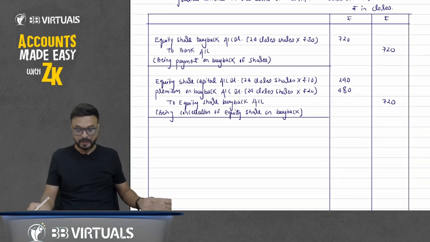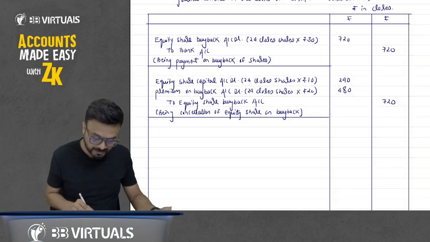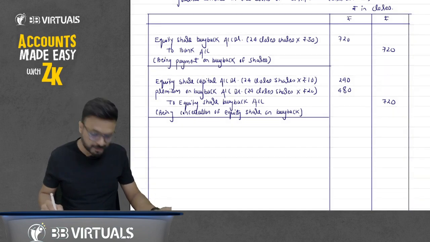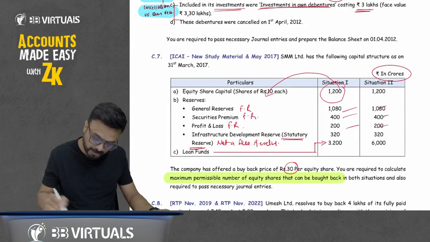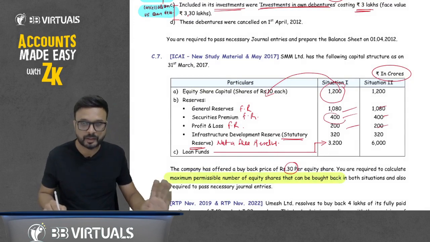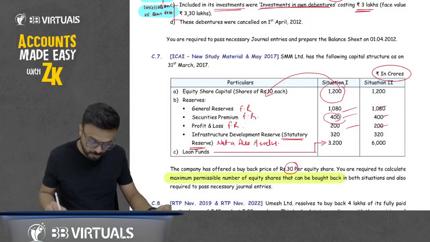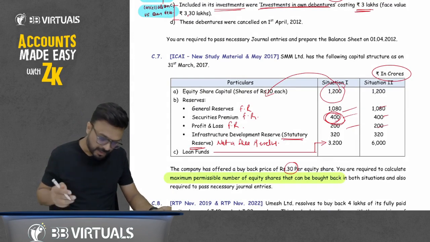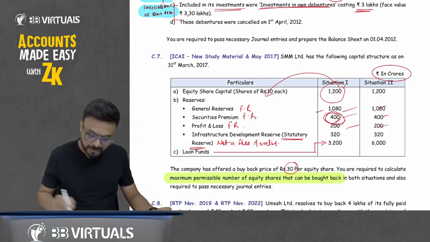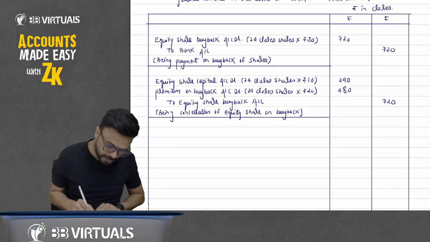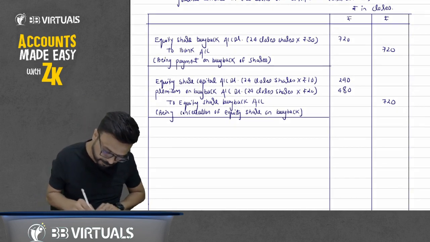Now we have to cancel this premium on buyback. How much is it? 480. But do we have a balance of 480 in securities premium? No. How much do we have? We have 400. So we will utilize 400 out of the securities premium, and the remaining 80 we can utilize from general reserve or from P&L account. So write down here securities premium account debit.